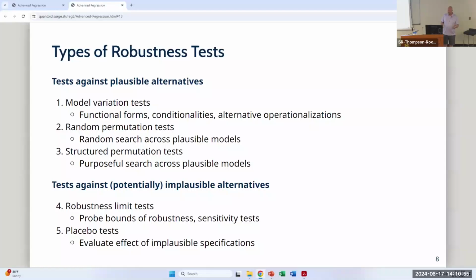They also talk about a set of tests against mostly implausible alternatives. So how far would we have to push our result to generate a non-result or a sort of counterintuitive result? And does that limit happen within a set of reasonable alternatives, or is it actually outside the set of reasonable alternatives that we might have?